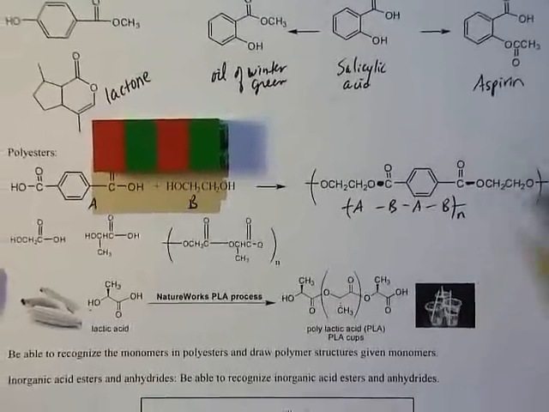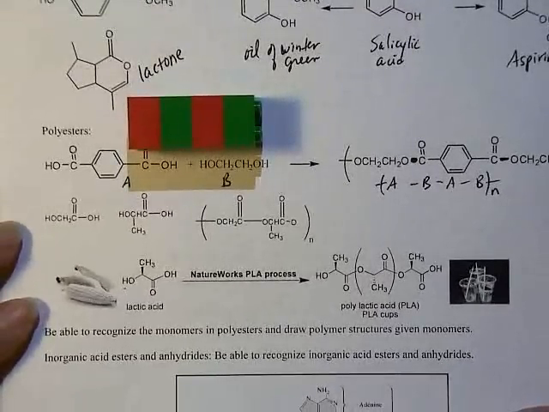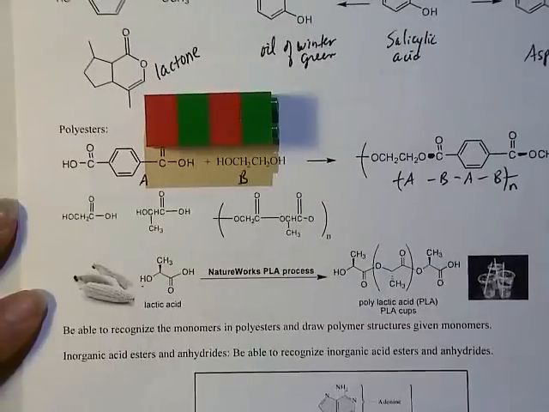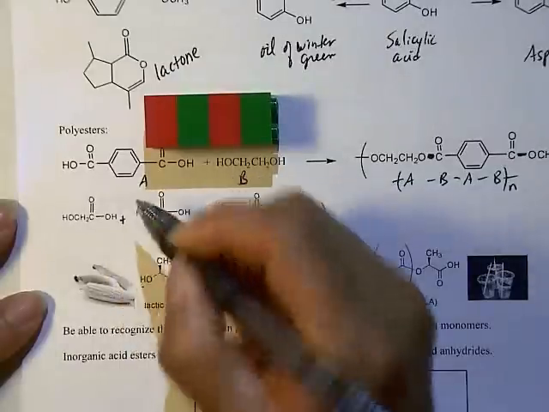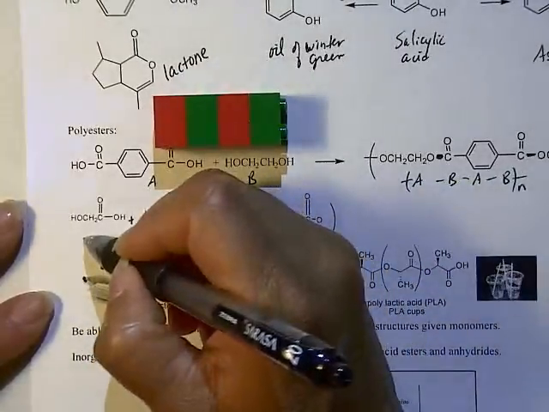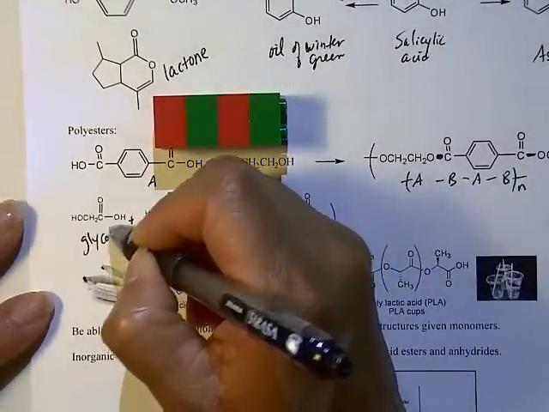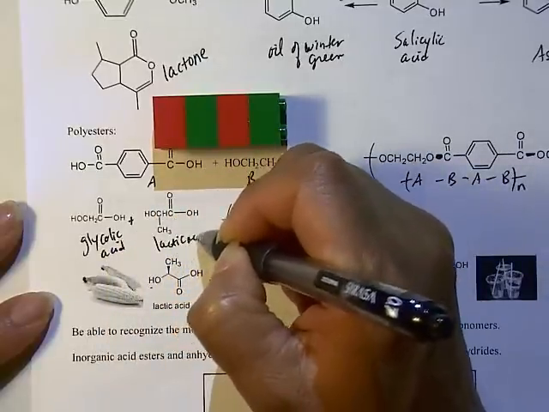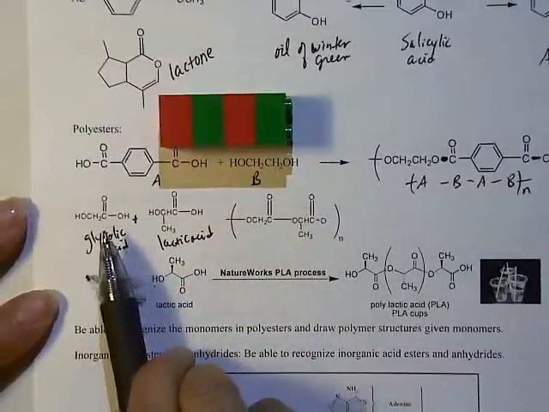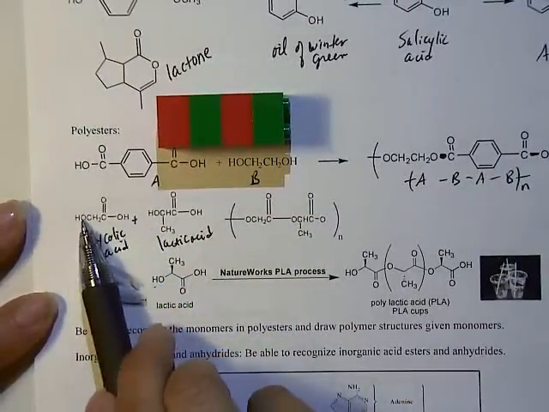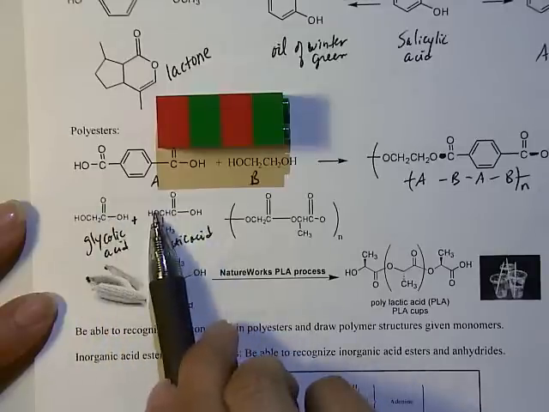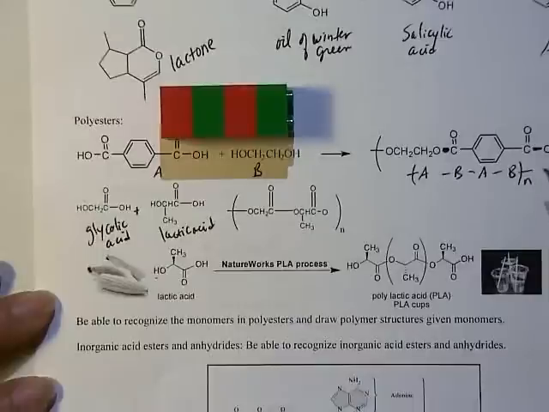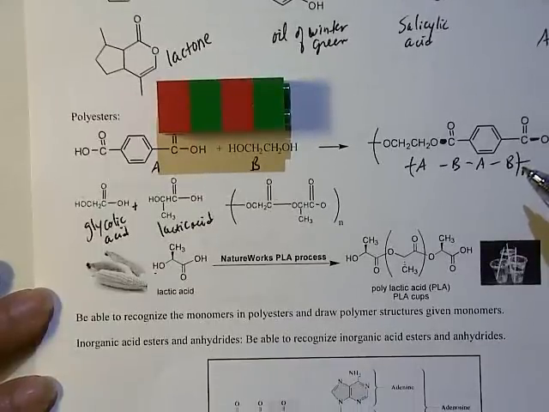And you've heard of polyester type polymers in clothes, for example. This is an example of a polymer derived from glycolic acid with lactic acid. And notice in this one you have a carboxylic acid and an alcohol, both functional groups in one, so you're still doing the AB type of polymerization.